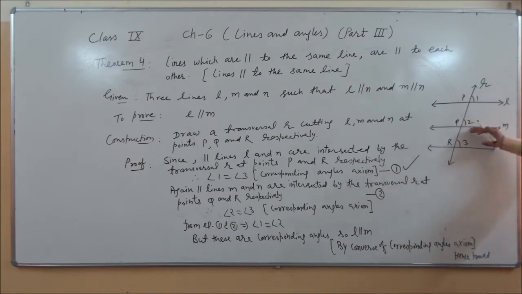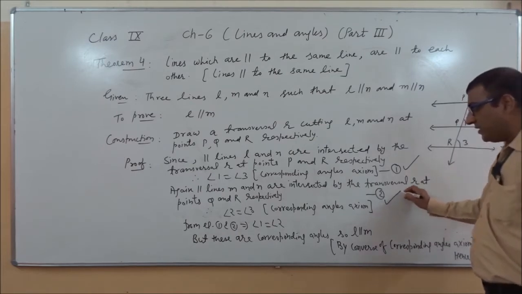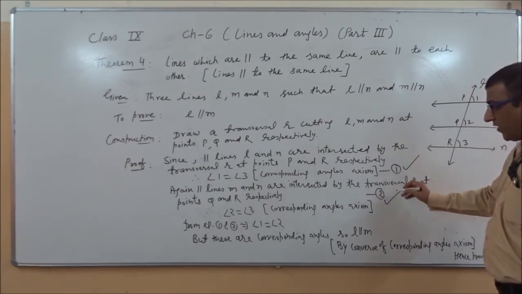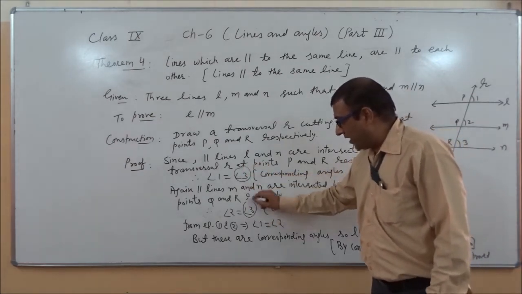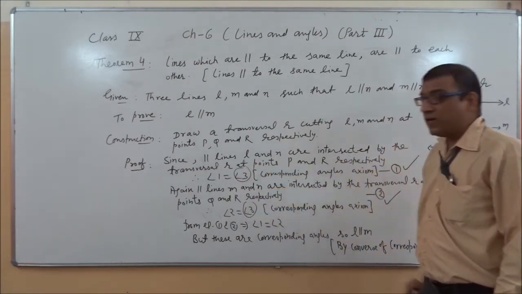As we see, angle 2 lies above the line M and angle 3 lies above the line N, so both are equal. We will mark it as equation number 2. So from equation number 1 and 2 we can say if the right hand sides are equal, then definitely the left hand sides are also equal.